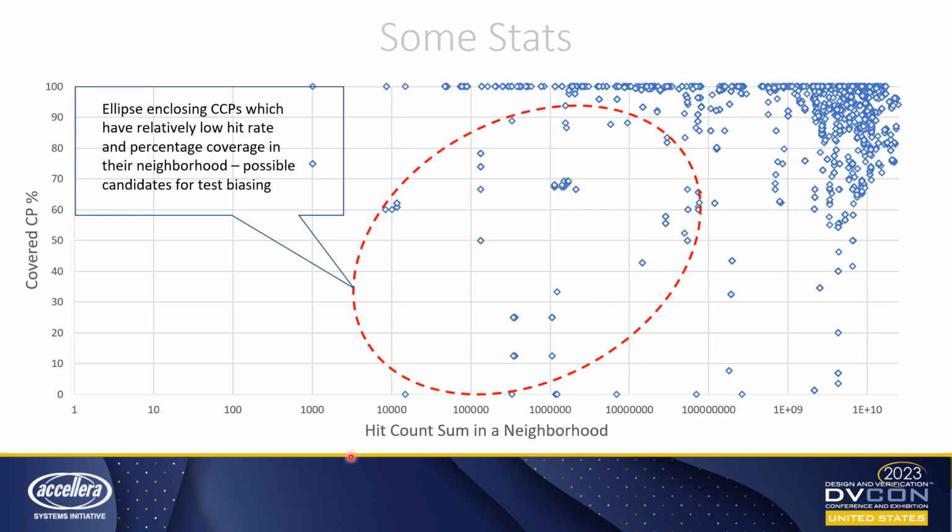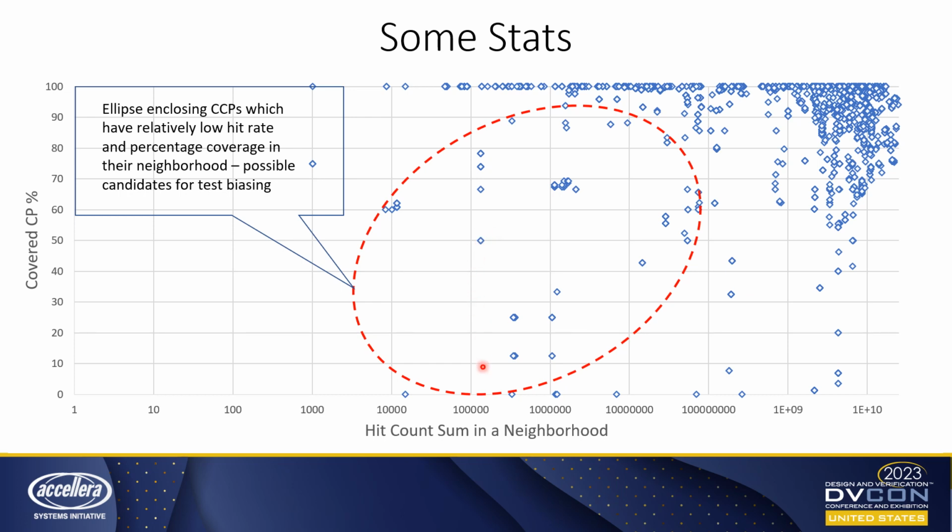Now that we have defined the concept of neighborhood, let me present some interesting statistics which will shed some light on the intuition behind the GraphCov approach. This is a scatter plot where every point is a CCP, or a green node in the trace driver graph.